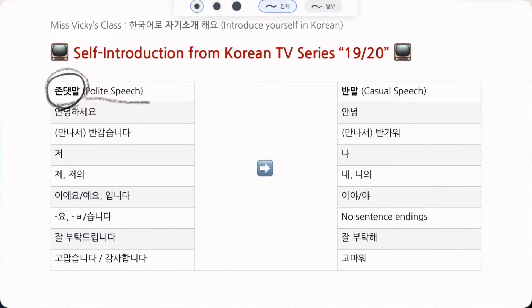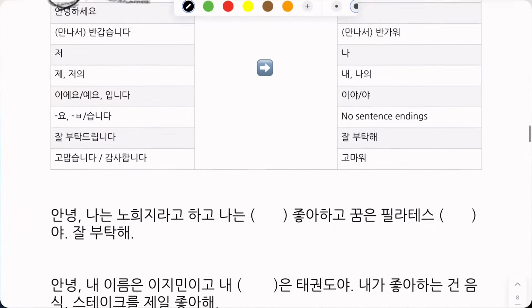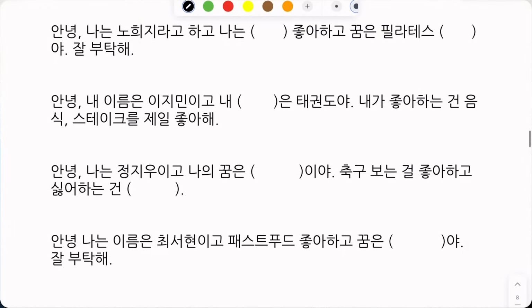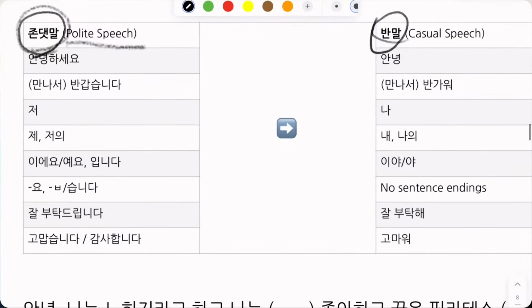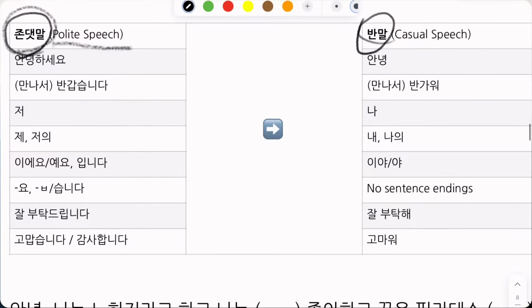So in school setting, using 반말 among friends is most common. So in these clips, they're using 반말. So let's check out some of the transitions from 존댓말 to 반말 so that you guys are not confused while listening.